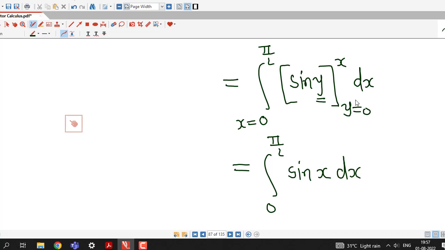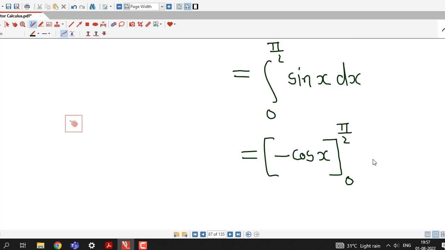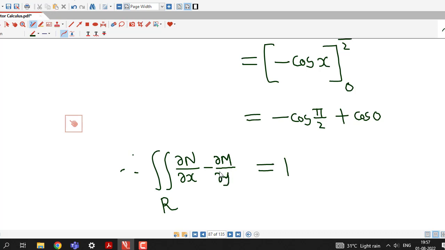Sin x minus sin 0 is sin x, and integral of sin x is minus cos x, and limits of x are from 0 to pi by 2, and this is equal to minus cos pi by 2 upper limit minus minus plus cos 0. Cos pi by 2 is 0 and cos 0 is 1. Therefore we can see that value of double integral is also 1, which is same as value of line integral. So Green's theorem is verified.